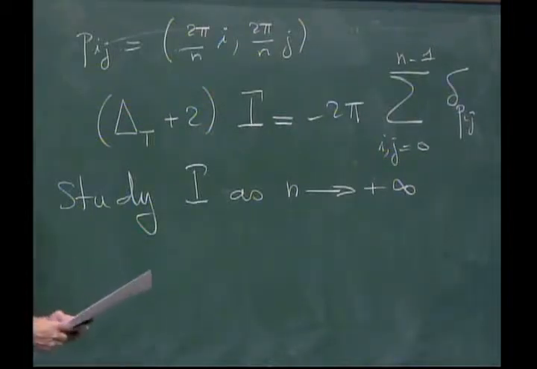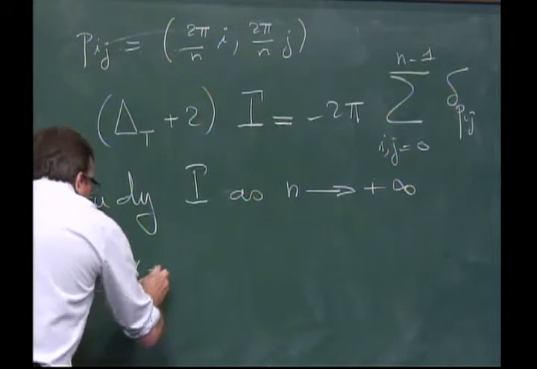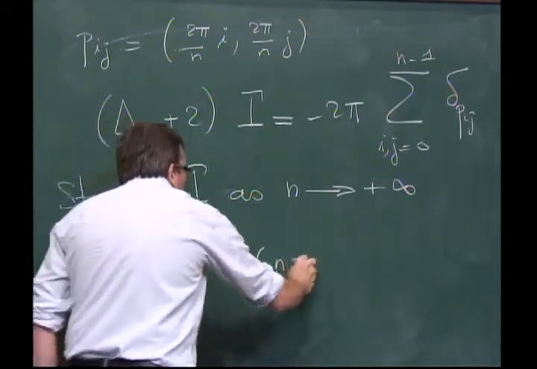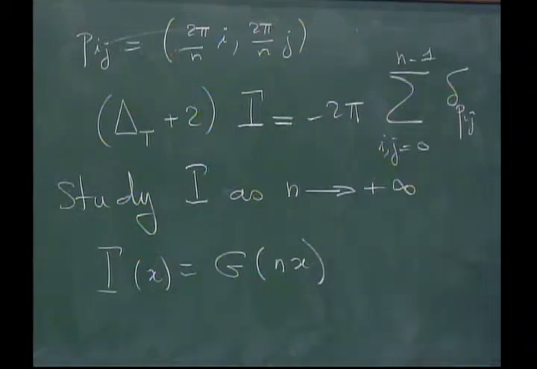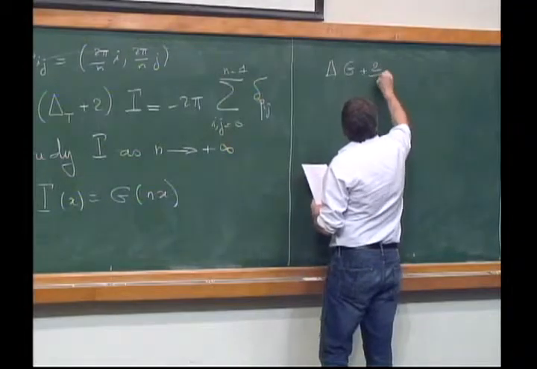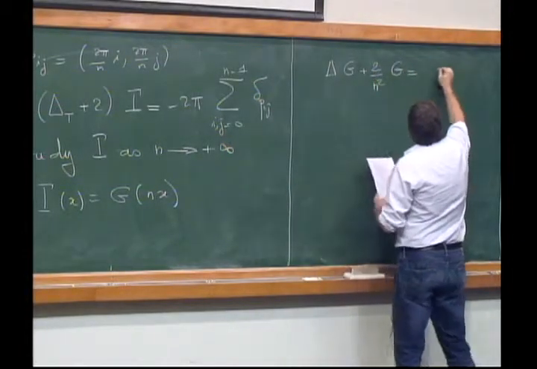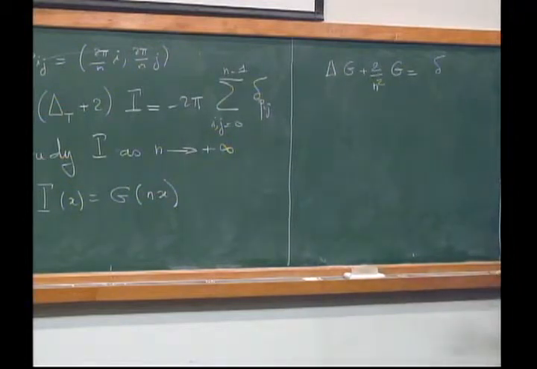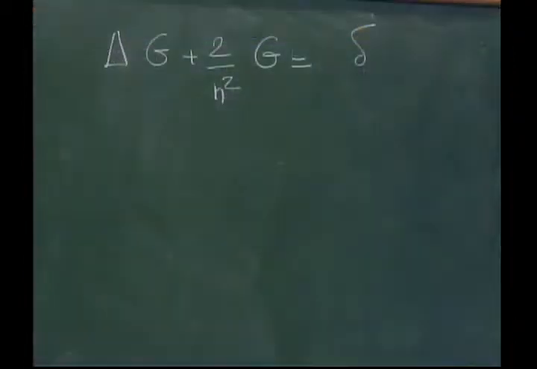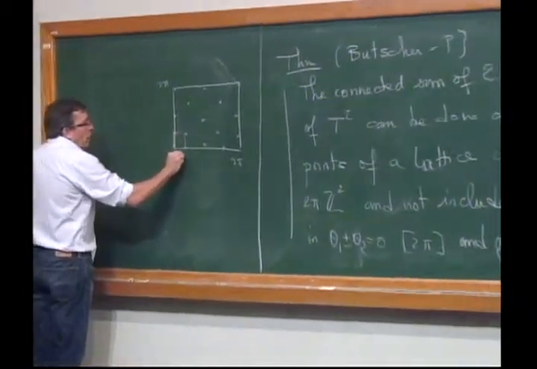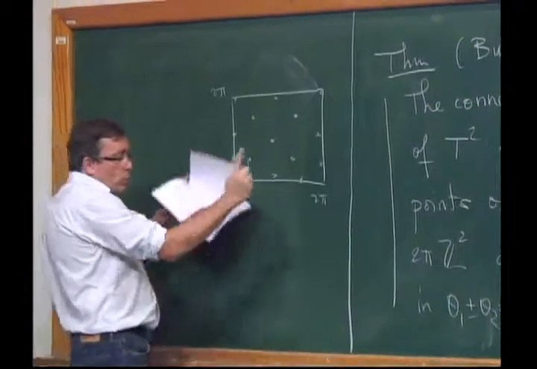So here, what you do is first you define g by scaling by a factor n. And you find out that the function g solves the flat Laplacian of g plus 2 over n squared g equals the Dirac masses. Now I have expanded everything by a factor n, and so the cells of the lattice, which were 2 pi over n, become 2 pi.